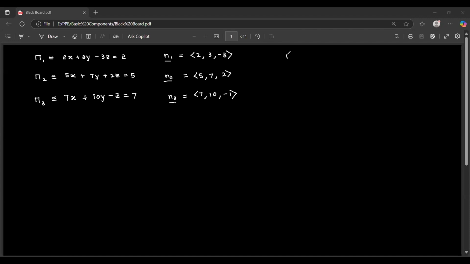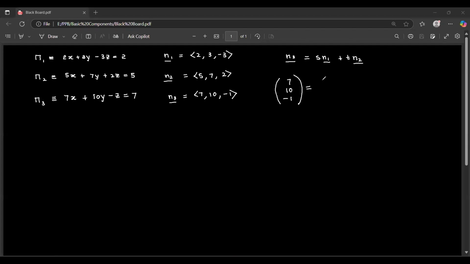I just have to show that n1 is equal to s n2 plus t n3. But I'm going to choose n3 as the subject: n3 equals s n1 plus t n2. So n3 is given as 7, 10, minus 1.